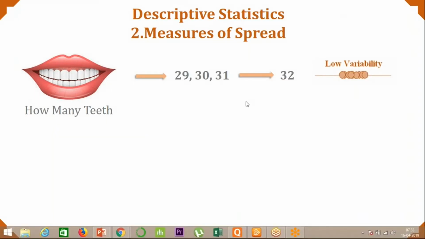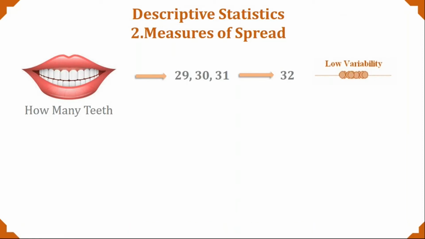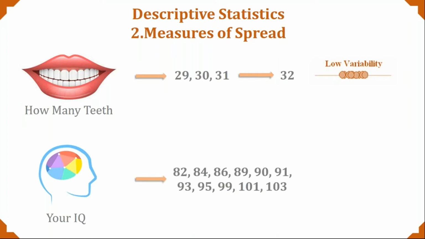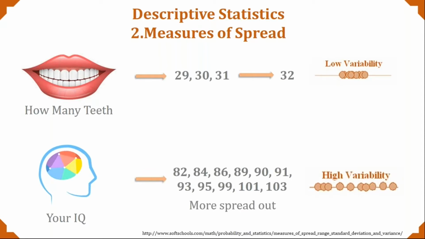As you can see. If I ask the same question, say I was checking IQ for 15 adults, the score could be 82, or 72, 62, 52. It could reach 120 also. So there is more spread in the data.